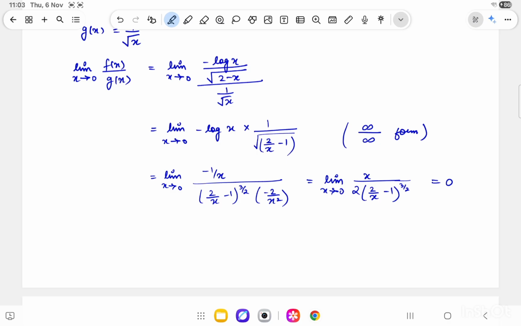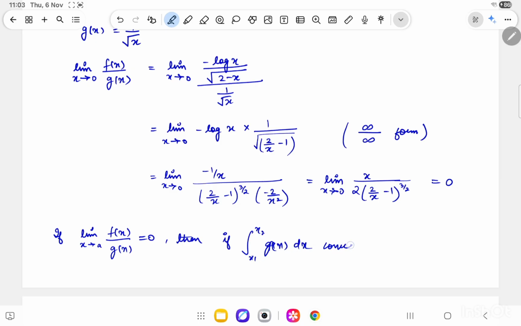So we have a special case when the limit is 0, that is, if the limit as x approaches a, and here a is basically the point of infinite discontinuity, of f(x) by g(x) is equal to 0, then if the integration from x1 to x2 of g(x) dx converges, that implies that our integration from x1 to x2 of f(x) dx also converges.